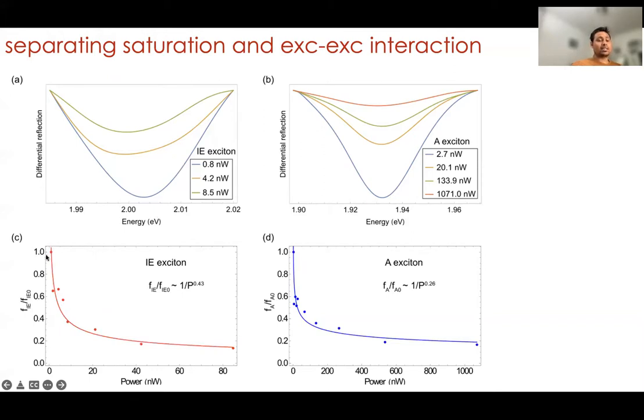So you see the oscillator strength goes from 1 to 0.2 within 80 nanowatts, but for the A exciton, it takes almost an order of magnitude higher pump power to reduce the oscillator strength by the same amount. This again verifies that the nonlinearity of the interlayer is intrinsic and an order of magnitude higher than the exciton.